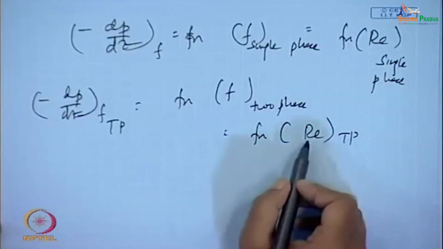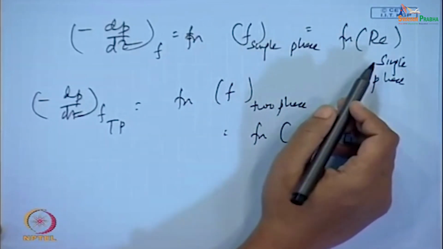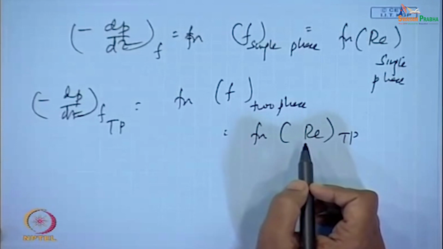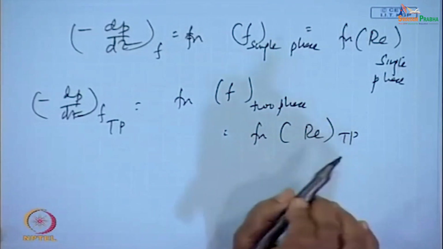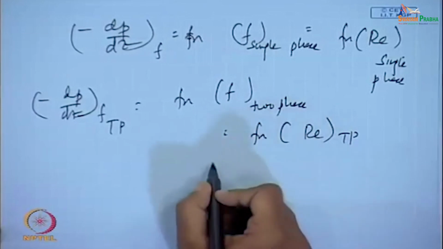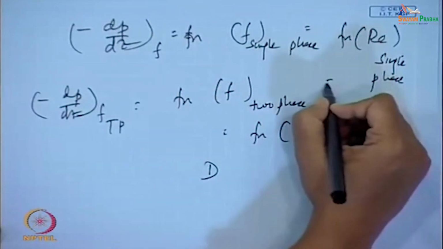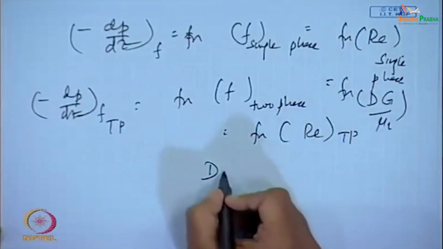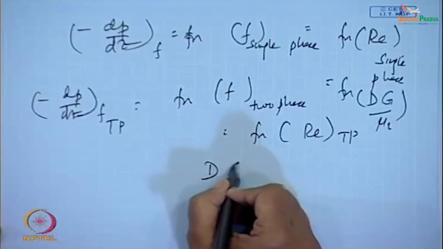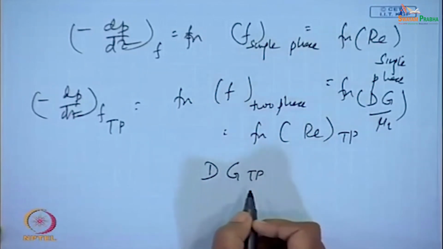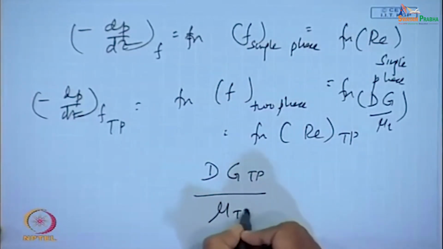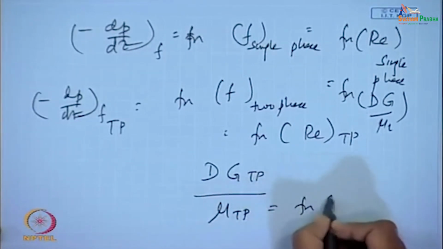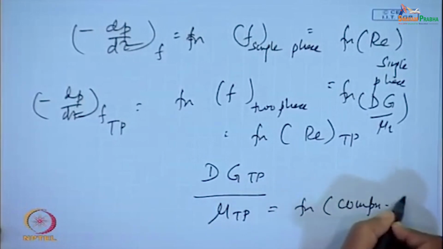Now, definitely this Reynolds number two phase and Reynolds number single phase differ; firstly, I really do not know how to define the two phase flow Reynolds number. But even if we define it, it should be equal to d g by mu L. In this particular case, d is fine, the diameter of the pipe, g_TP is also fine, the total flow rate, but this definitely has to be mu_TP, is it not? Where mu_TP will be a function of composition and things like that.